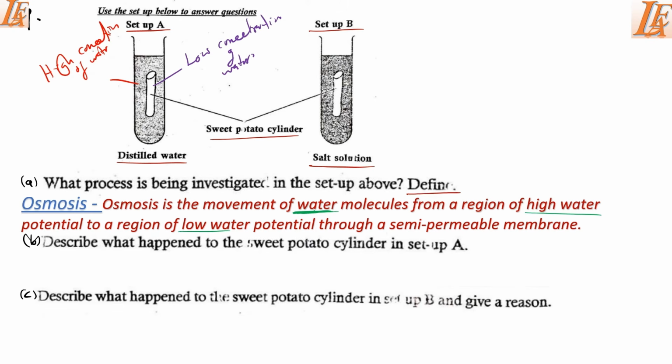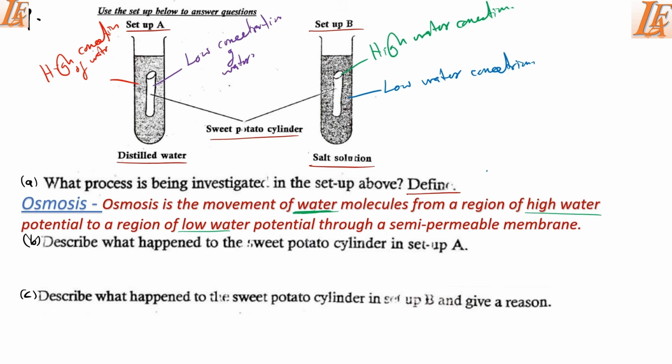Then when you come to setup B, we have a low water concentration inside this salt solution, but we have a high water concentration inside this potato cylinder. So in this case, the difference in concentration of water molecules between the potato cylinder and the distilled water and the salt solution is what makes this process osmosis.